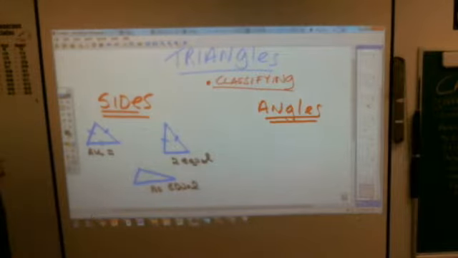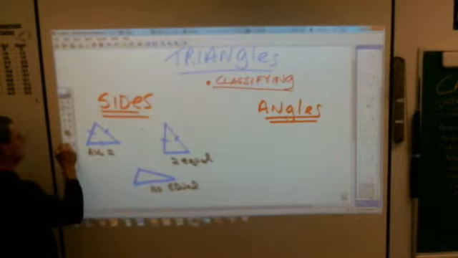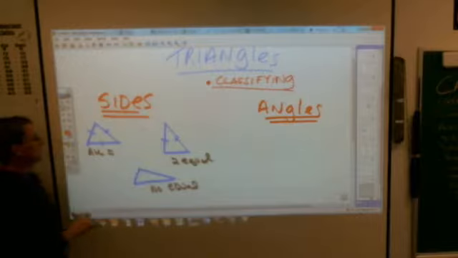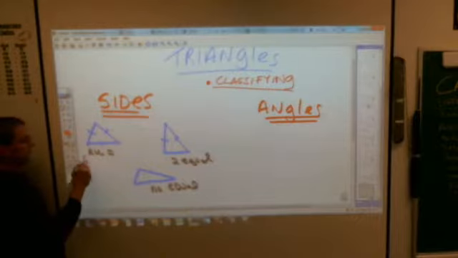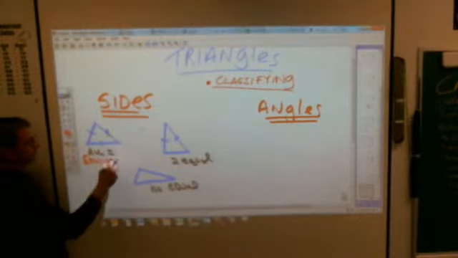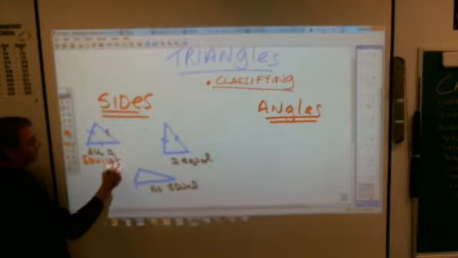You can tell the suspense is building here. What are the specific names that we give those? Well, here you go. You always wanted to know. If all the sides are equal, this is an equilateral triangle.